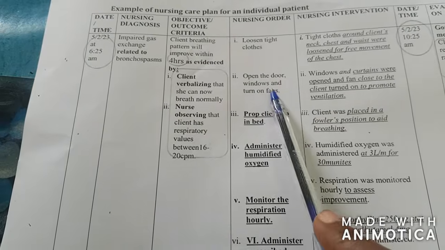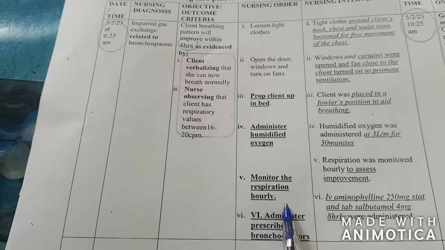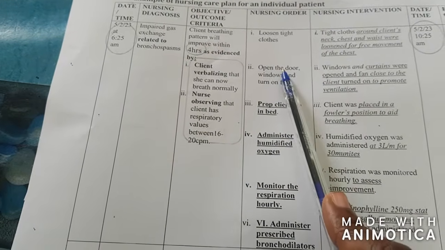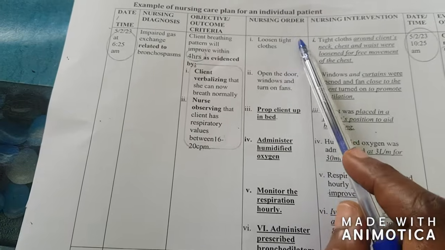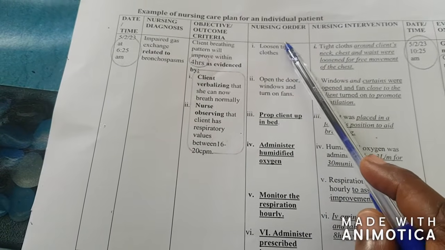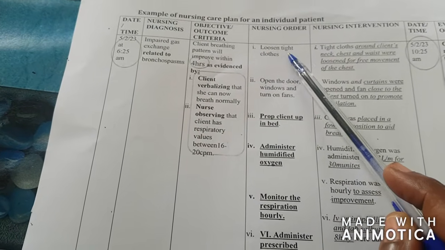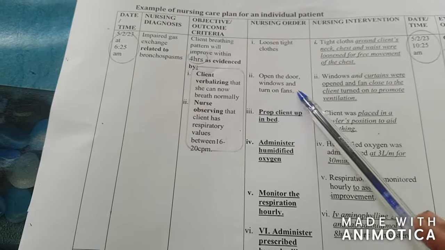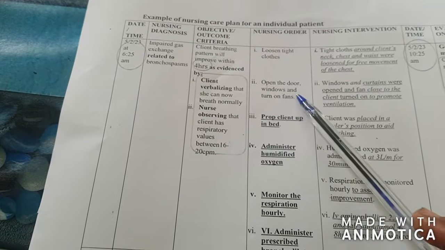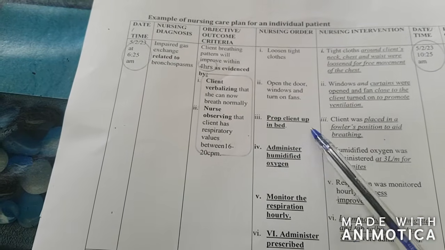I mentioned earlier that it should be straightforward and you should have at least 4. Out of the 4, at least 2 of them should be examinable tasks. When you see this, I don't think we have a task yet in NMC Ghana on dressing patient. I've not met a task yet in RGN or basic nursing on opening windows and doors, but there's a task that covers positioning of patient.